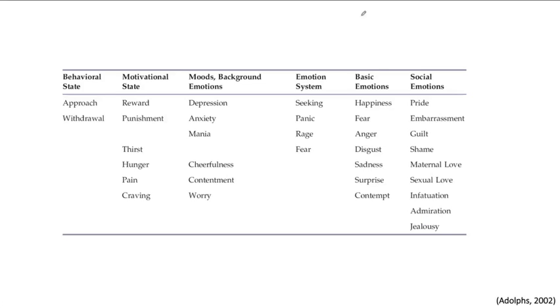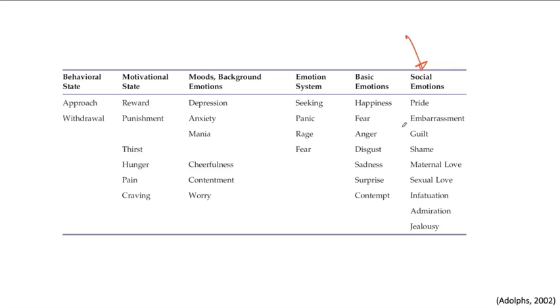So you can see that there are different terminologies, different levels of definitions for what we have in terms of emotions. But we can also have another dimension, which is called the social aspect of emotion. So there are emotions that are meaningless outside of a social context.